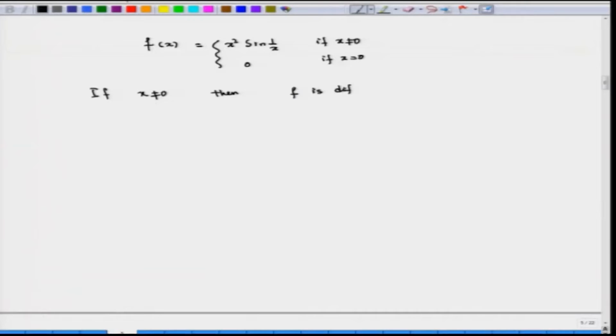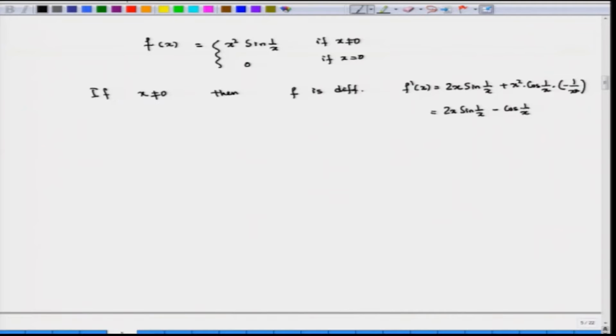And f prime of x, by the product and the chain rule, is 2x sin 1 over x plus x square into cos 1 over x, and the derivative of 1 over x is minus 1 over x square. So this is equal to 2x sin 1 over x minus cos 1 over x.